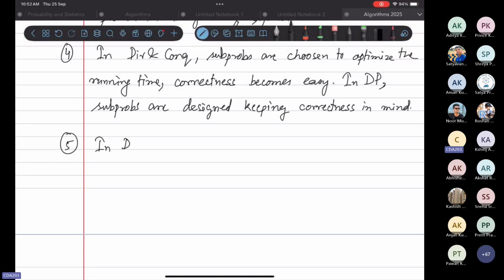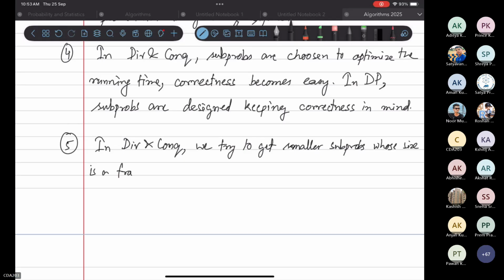In divide and conquer, we try to get smaller subproblems whose size is a fraction of the bigger problem.